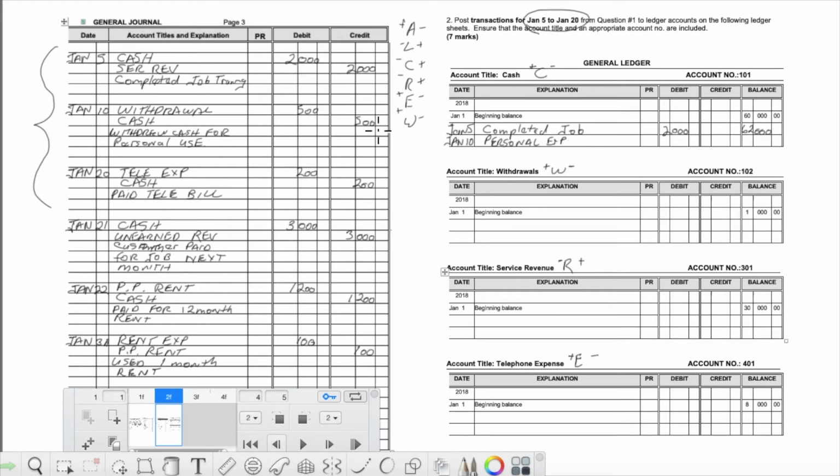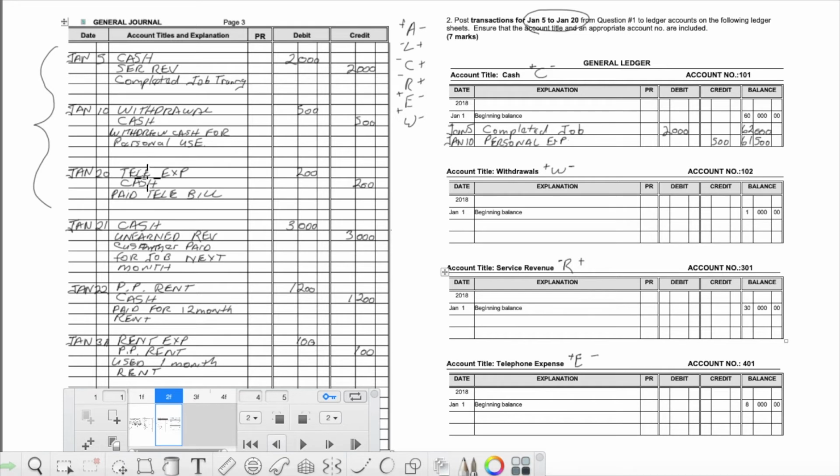And it was for $500, right? Cash, $500. And it was on the credit side, right? So it goes over here, $500. Now what is the balance? Because it's a credit, it's a minus, so we're subtracting it. In this case you'd have $61,500. Right? Perfect.